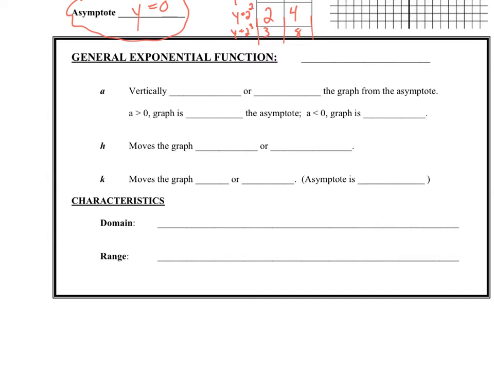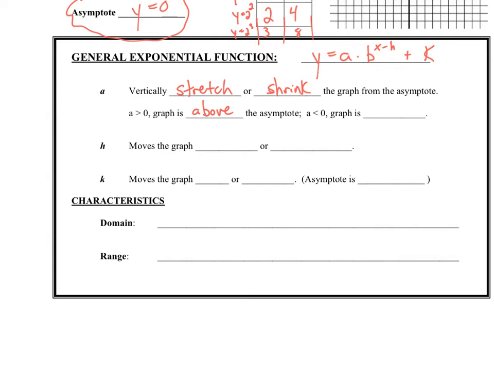So the general exponential function will look like this: y equals a times b to the x minus h power plus k. And a will vertically stretch or shrink our graph. If a is greater than 0, the graph is above the asymptote.